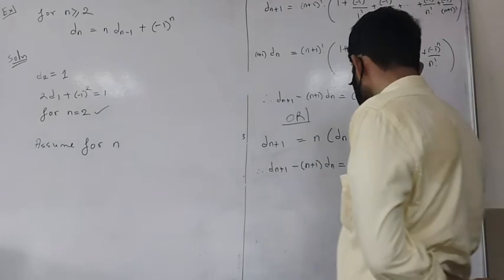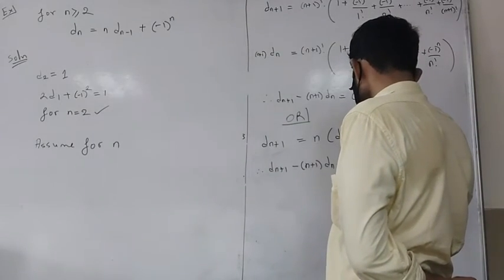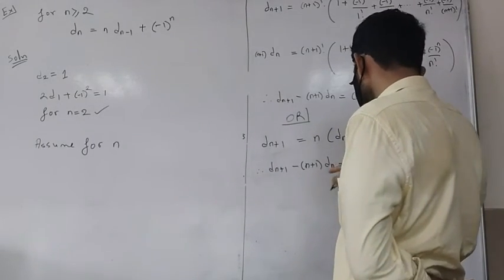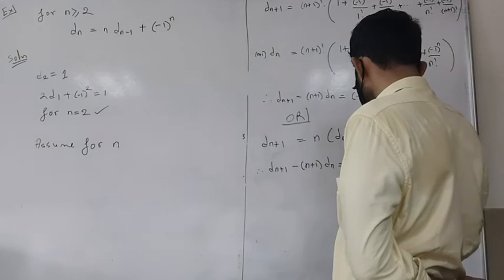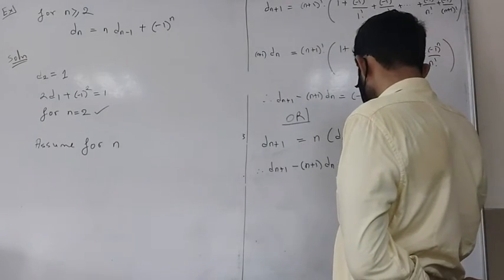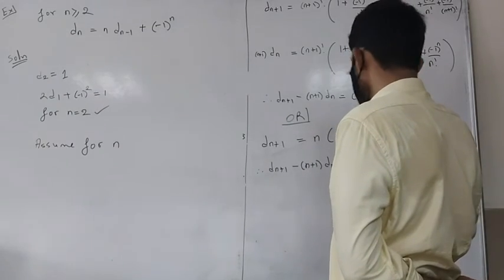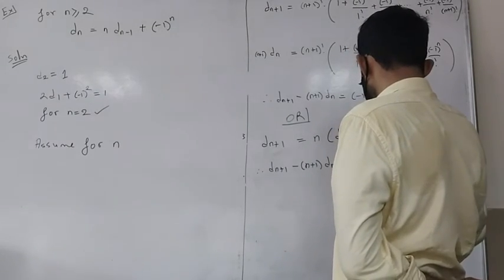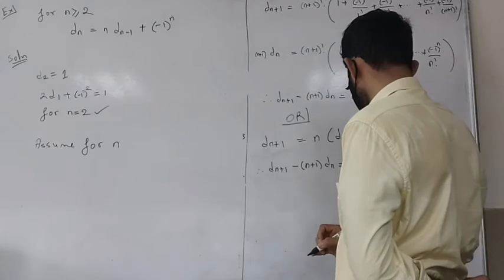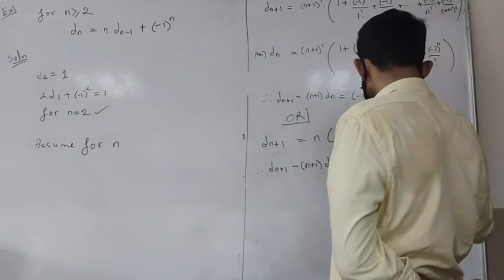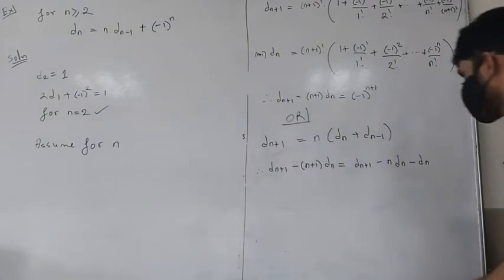This is going to give us dn plus 1, I am just trying, minus n times dn minus dn. I am not sure whether I will get something from here.